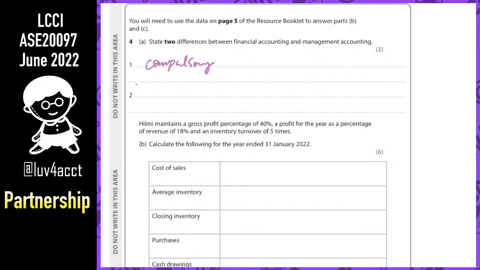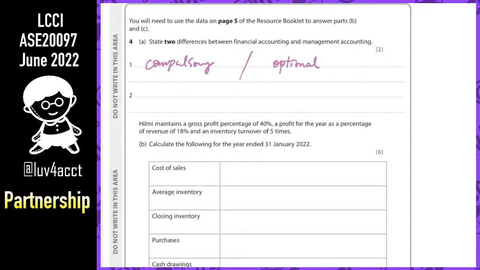This is a must. For a public limited company, you have to have a whole set. But management accounting is optional, and you don't have a very rigid format to follow. You just tailor your reports according to your needs.